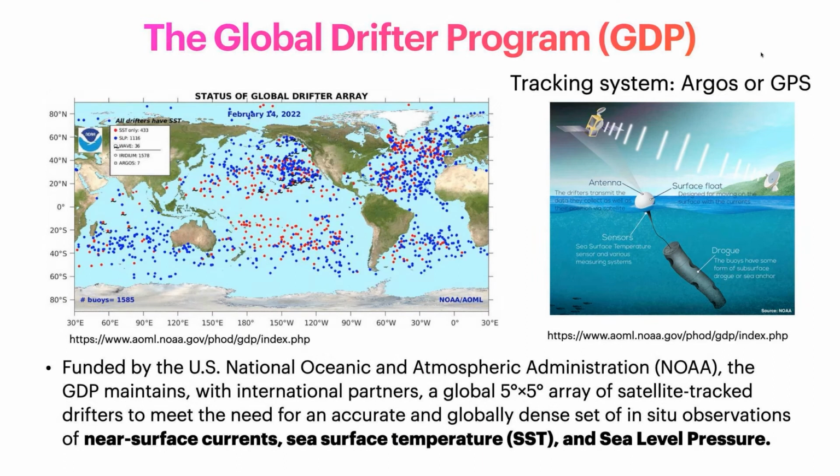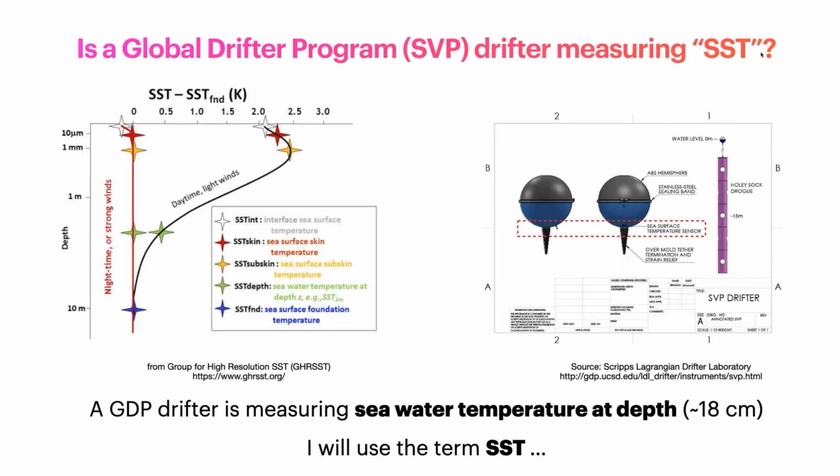Okay, so this is a seminar for AOML, but since we have a wider audience of people joining us, I think it is necessary for me to give a little introduction about the Global Drifter Program. The Global Drifter Program is funded by the US National Oceanic and Atmospheric Administration, and it maintains, with international partners, a global array of satellite-tracked drifters.